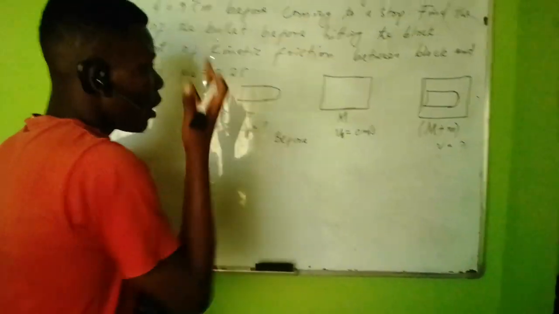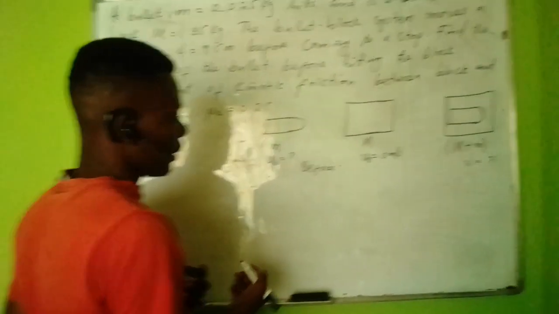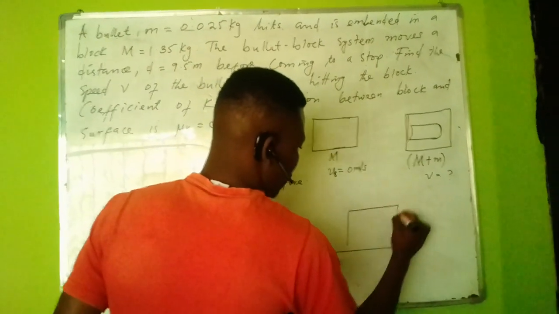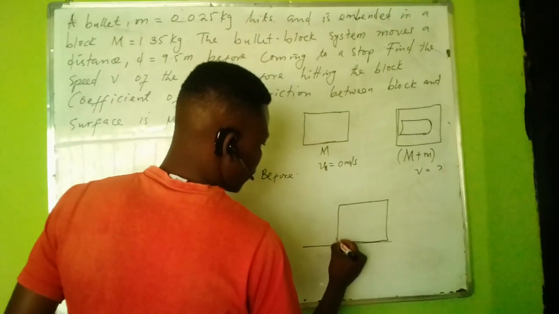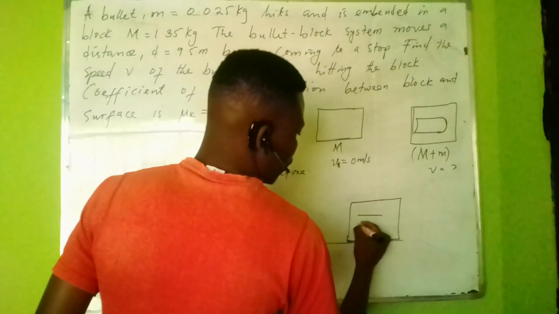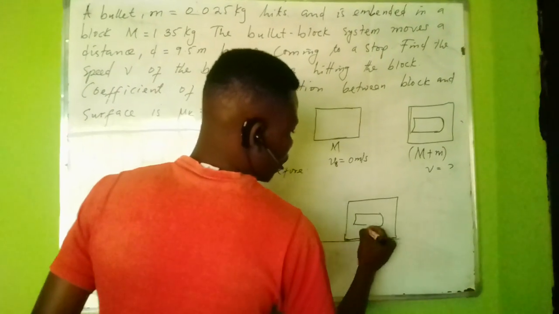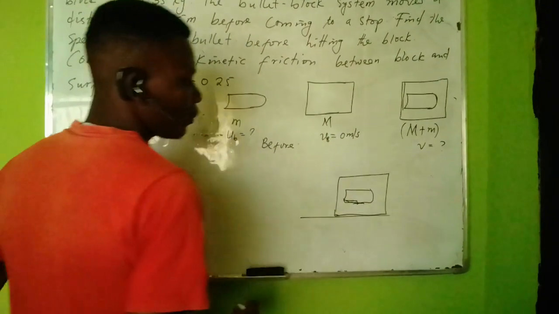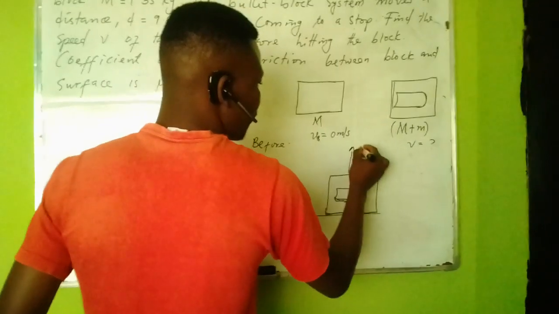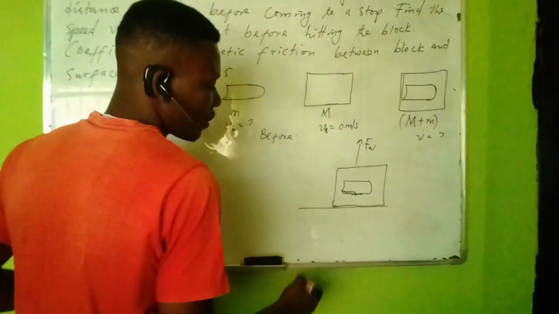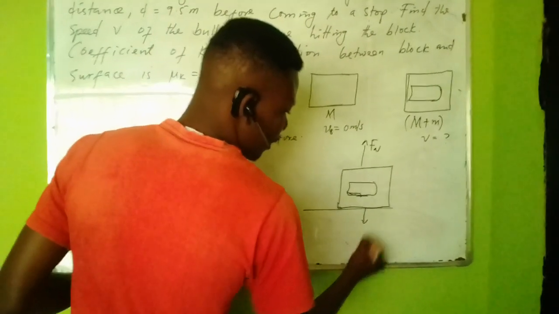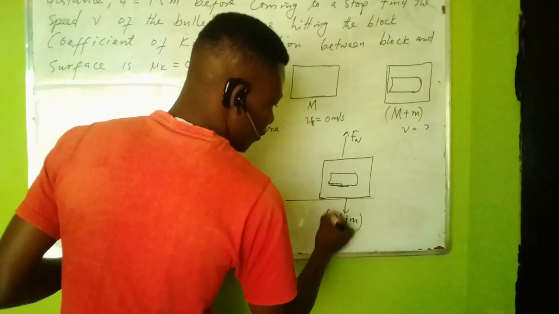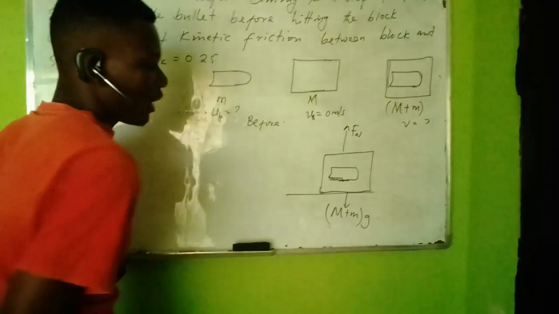Okay, now we've been given something here. Also, I'll draw like this. So this is after collision. So now, what we're going to have, the forces, we have the normal force, we have the weight. So the weight is going to be m plus m times g, like that.